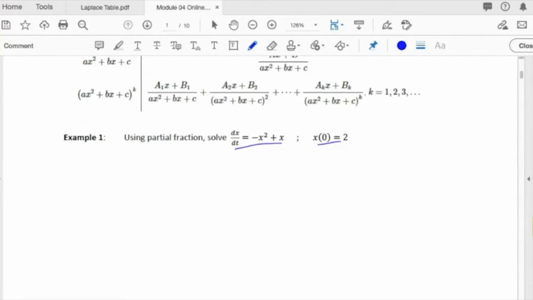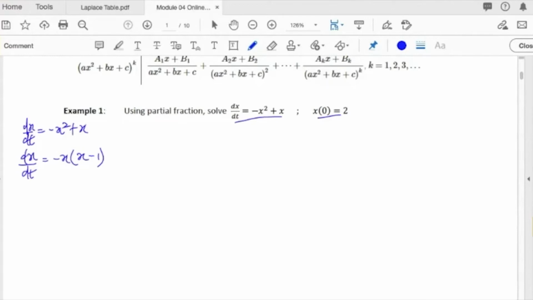So we have dx over dt equal to negative x squared plus x. We can also write this as negative x, x minus 1, so we put x with dx and t with dt.